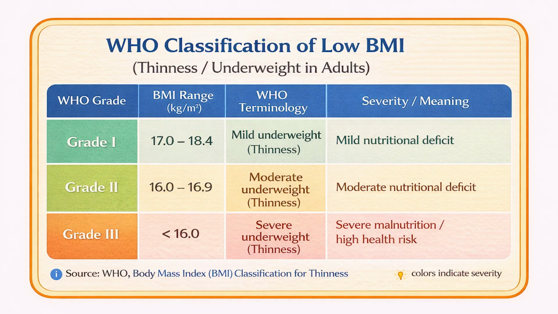The body mass index in adults: the WHO International Obesity Task Force defined obesity as a condition in which abnormal or excessive fat accumulation may impair health, according to WHO 2000.